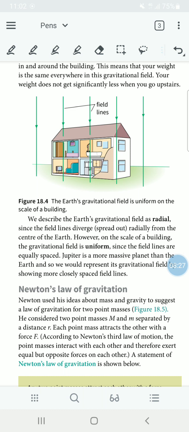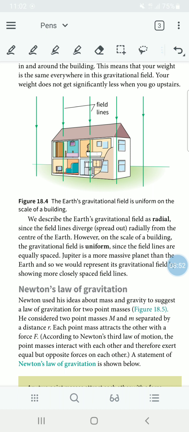However, the further away you get from the center of the Earth, the lesser would be the power of g.